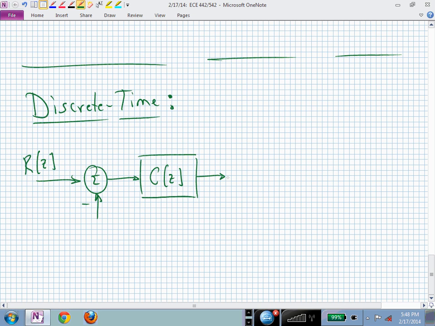If that's the case, then we need to convert that sequence of values coming out of that controller into an analog waveform.